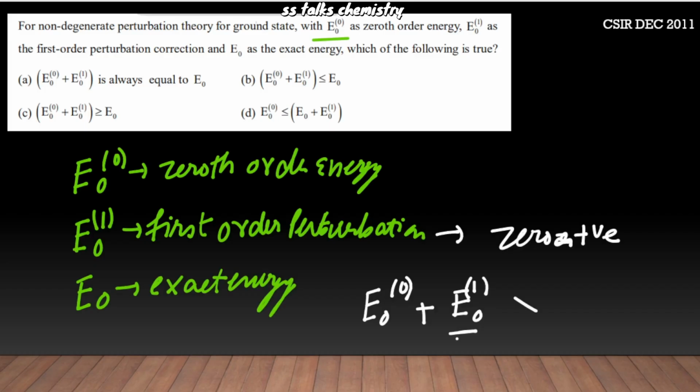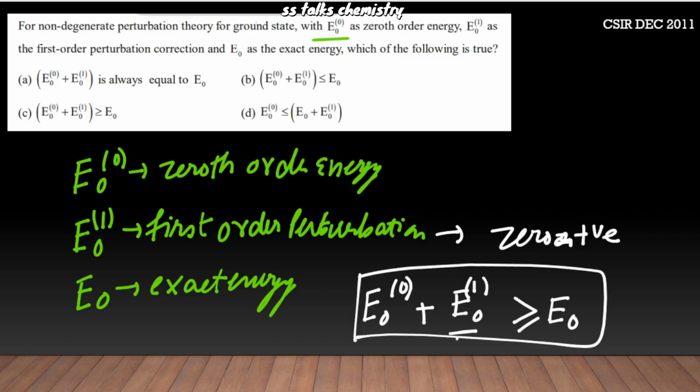That means from the exact value, this value is always going to be greater than or equal to the exact value of it. So this is going to be the relationship for this. Okay, so this is your exact energy.